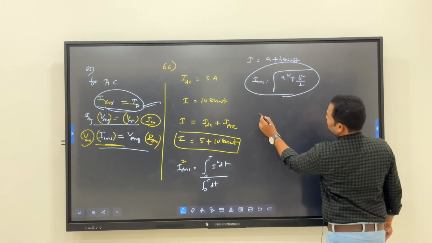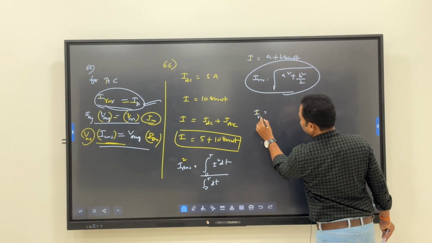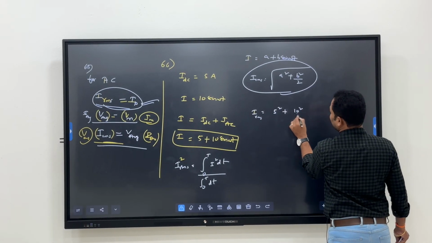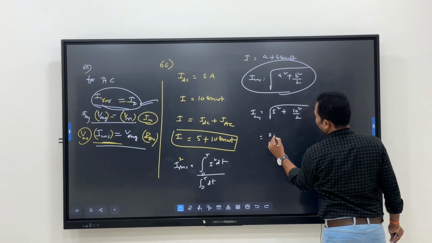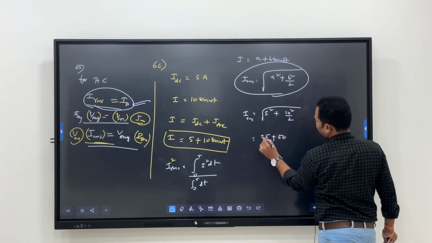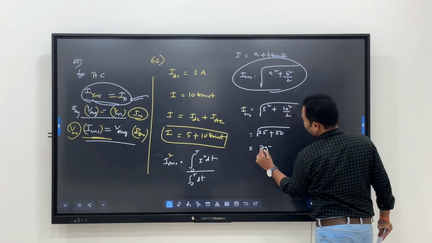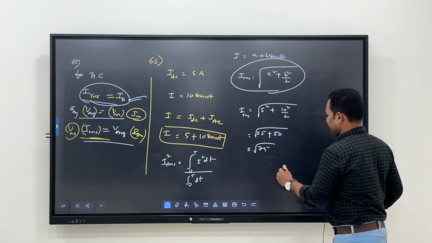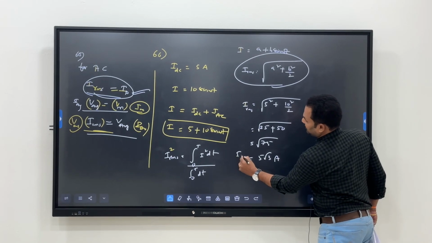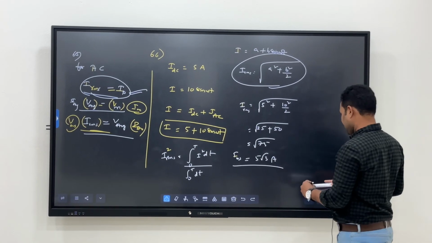Here, 5 square plus 10 square by 2: 25 plus 100 by 2, which is 50, gives 75. So I RMS is root 75, which is 5 root 3 ampere.